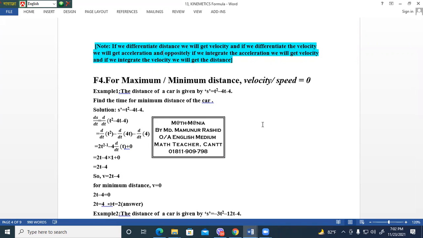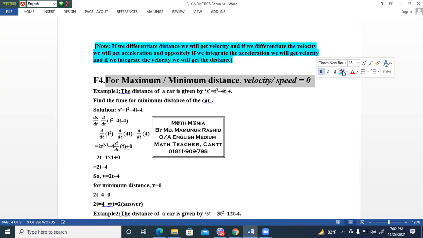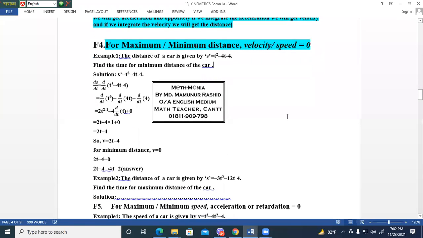Very important note for you. Another note for you. For maximum distance or minimum distance, speed or velocity equals 0.